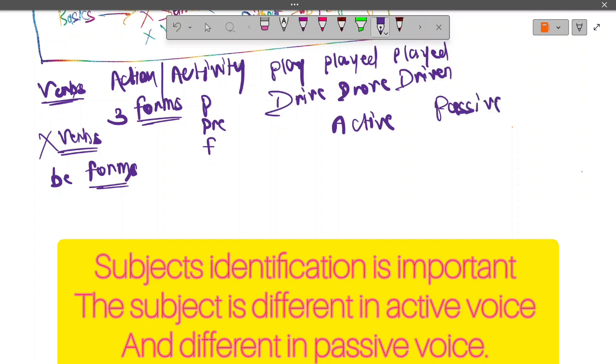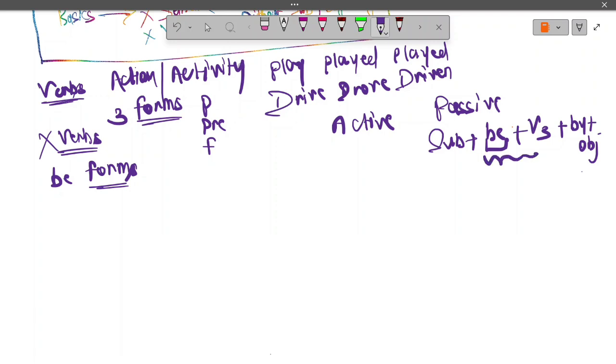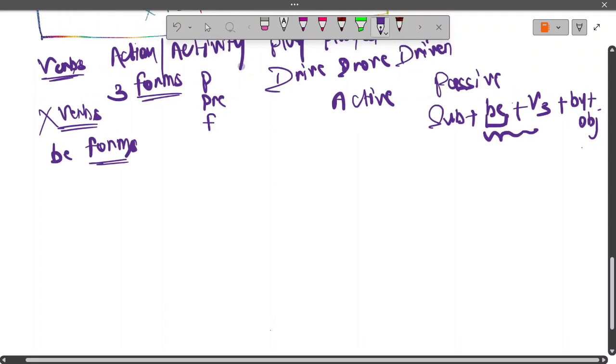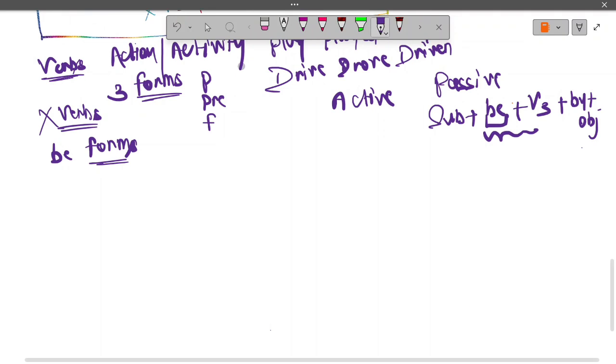And passive voice has a structure of subject plus be form of the verb plus third form of the main verb, and then by plus object. So to identify these be forms of the verbs, what they are, their tasks in the language, and how they differentiate from the main verb, that we need to understand.